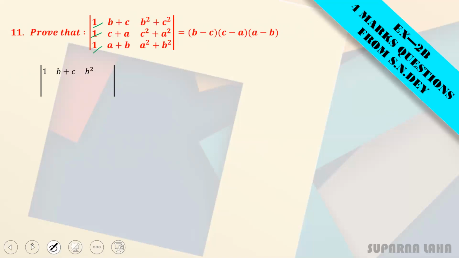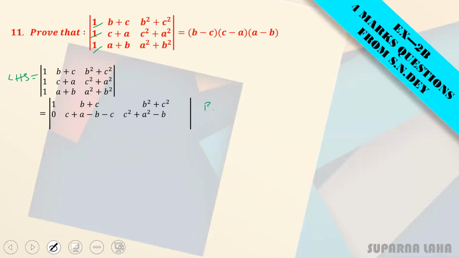So write down first this LHS value and then apply this operation. That is, I'm making these elements 0. That means R2 dash is given by R2 minus R1 and R3 dash is given by R3 minus R1.